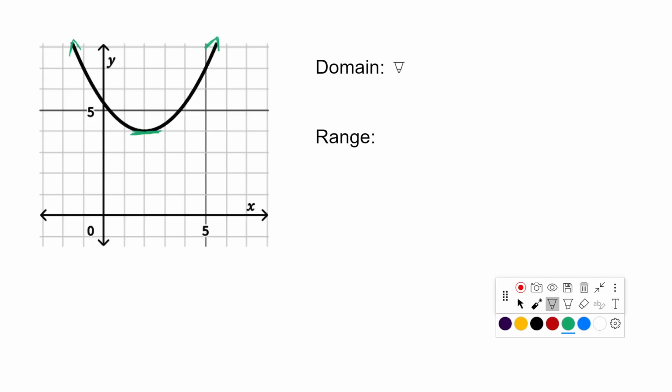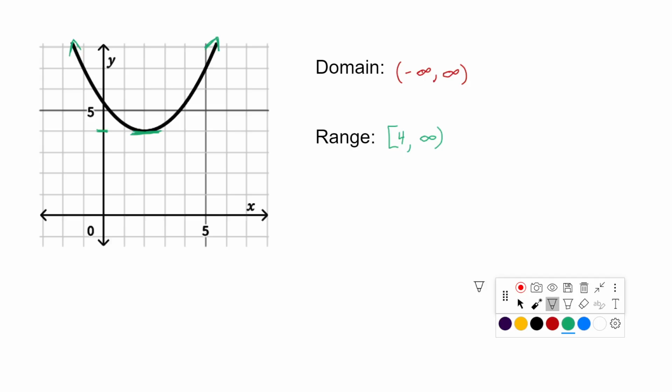So the domain, again, is going to be negative infinity to infinity, and my range, because I have a minimum at the value of 4, I'm going to start my range interval with the 4, and again use that square bracket because we're including the number 4, and it's continuing on into infinity.